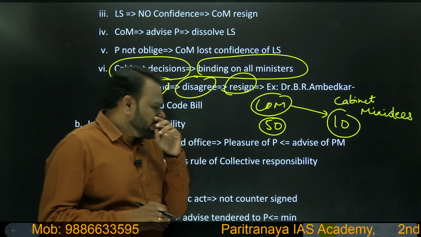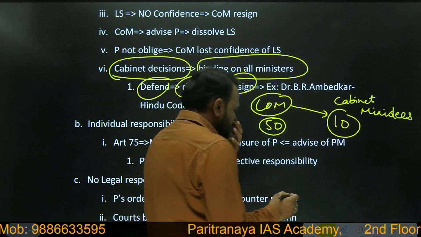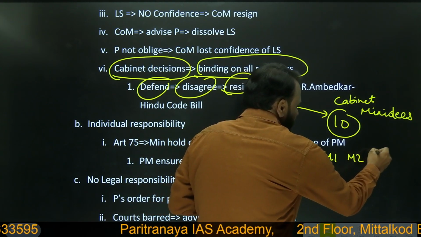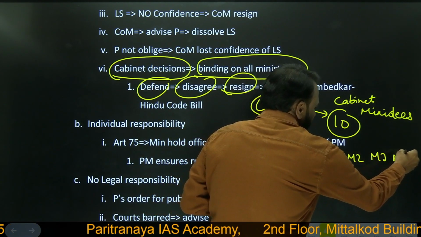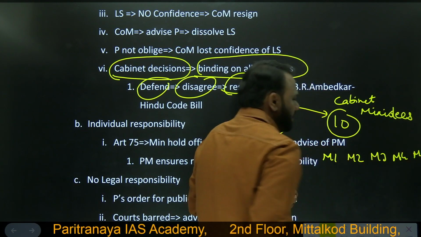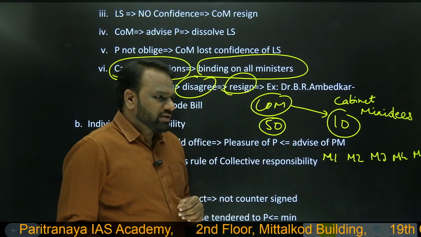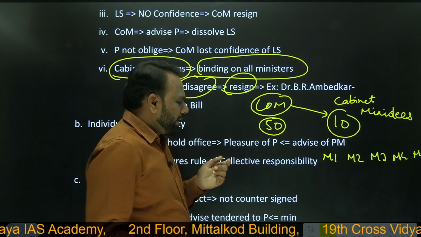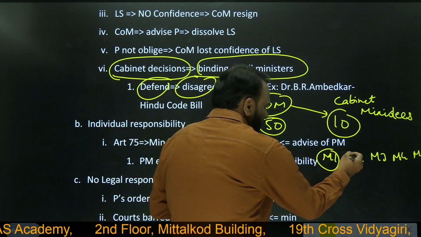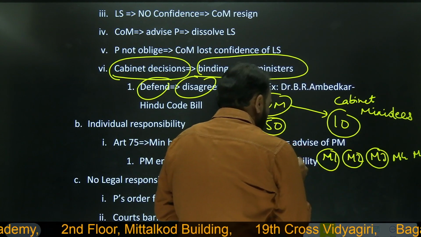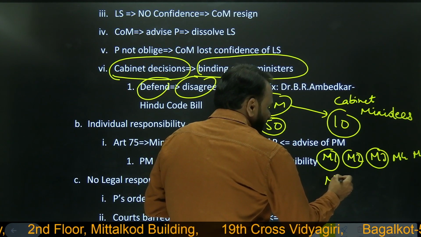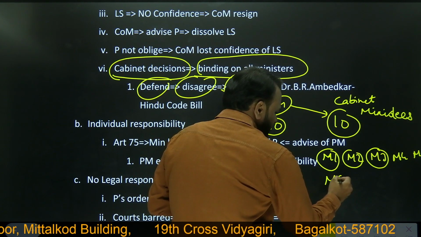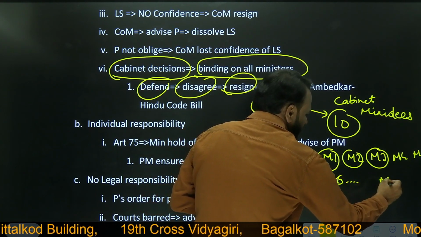Now let us assume there are different ministers: Minister 1, Minister 2, Minister 3, Minister 4, Minister 5, Minister 6, and so on, totally Minister 50.